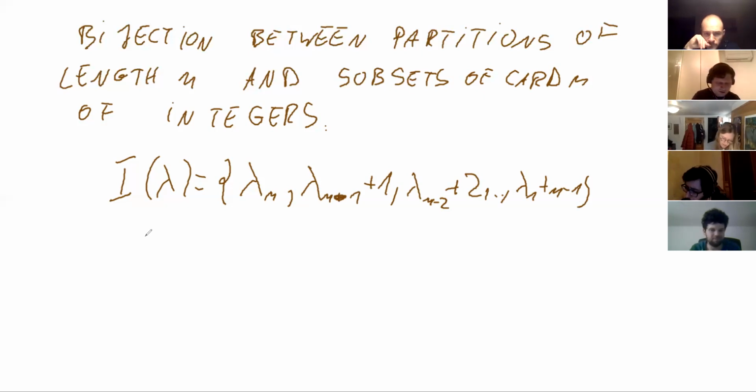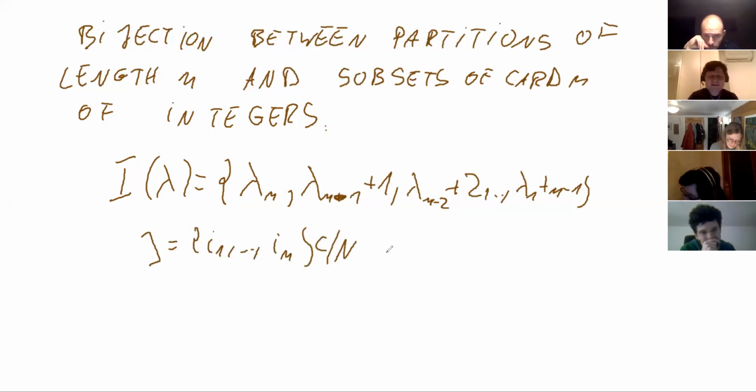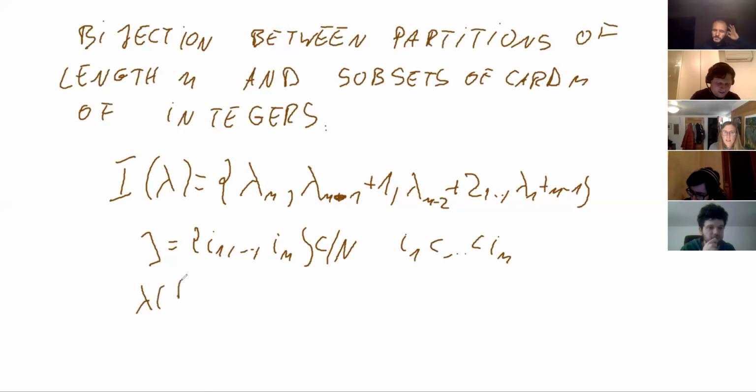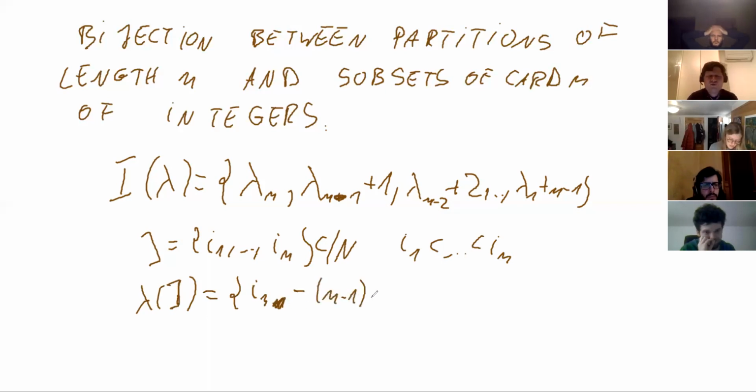And it goes the other way around. If we have I, a subset of integers, assuming I1 is smaller than In, then we know how to reconstruct lambda of I. We just take In minus n minus 1, I n minus 1 minus n minus 2, and so on.